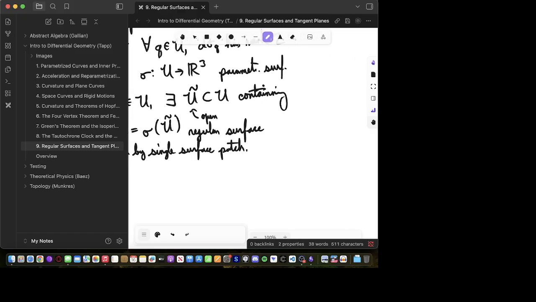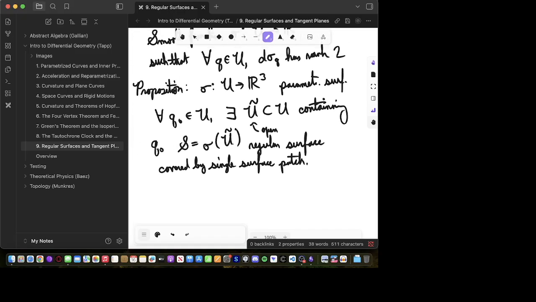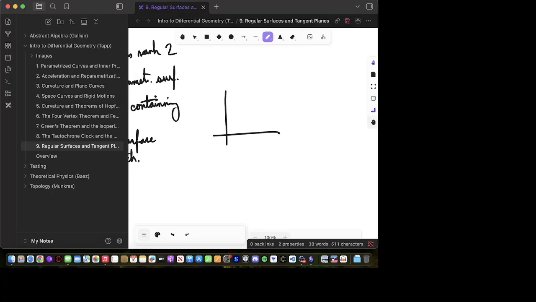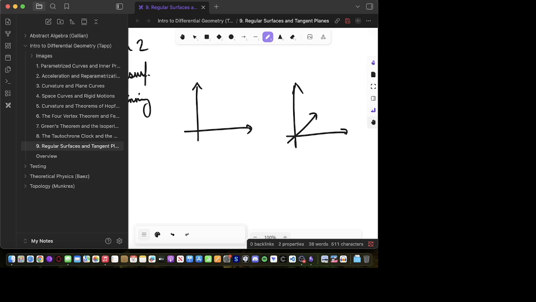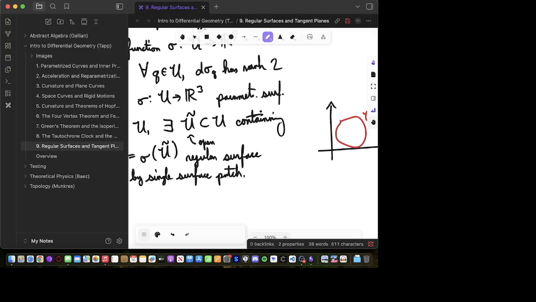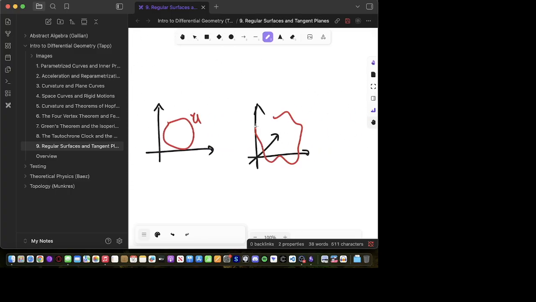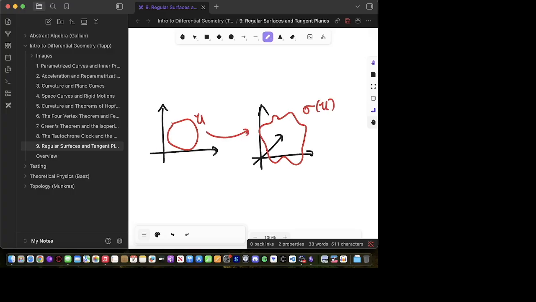Basically, what we're saying is, let's say we have set U, and then we have sigma of U, and then there's a function sigma. Note that this is the parametrized surface.